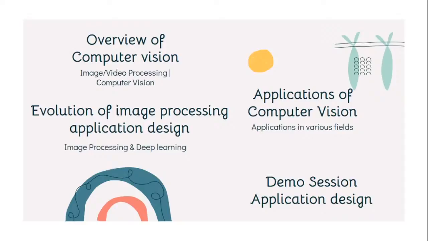We are also going to discuss applications of computer vision. Image processing and computer vision are used in different domains and fields, so we will discuss what the applications are. Then we will move on to the demo session.